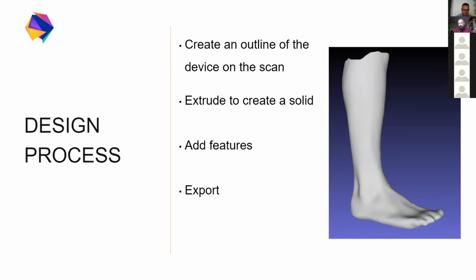We need to analyze the shape coming in, and then we can start to identify certain anatomical landmarks from that shape. After that, we can use that information to create an outline of the device, and from that outline we can create a solid, and then add whatever features the clinician has requested for that particular patient.